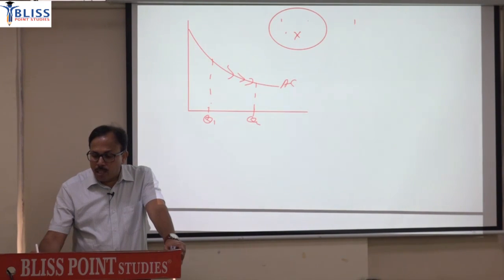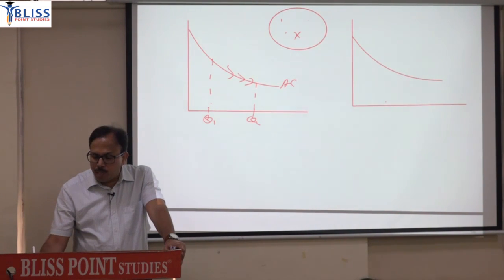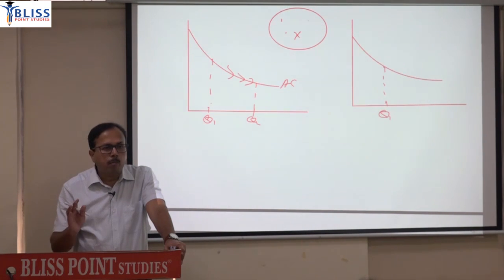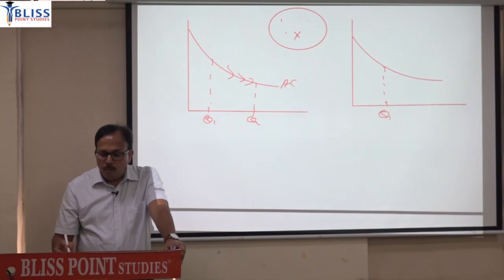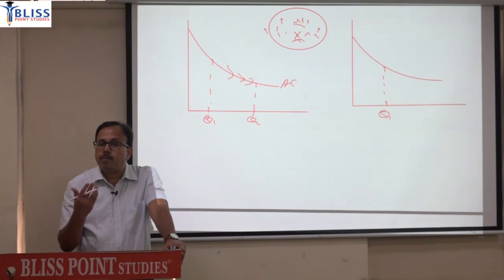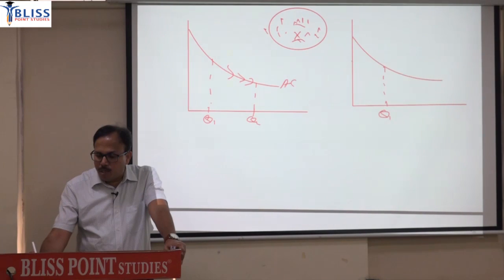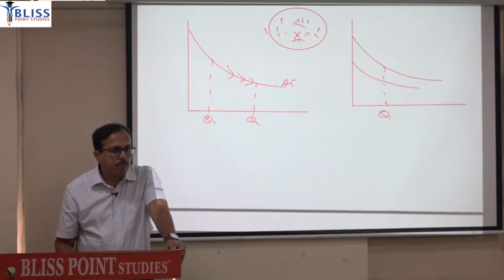When I refer to external economies of scale, it means the cost curve is the same, one particular firm is still producing the same quantity Q1. The firm has not changed production, but the market is characterized by many firms in the market. So due to the presence of more firms in the market, costs get reduced. So when costs get reduced, the cost curve will shift downward.